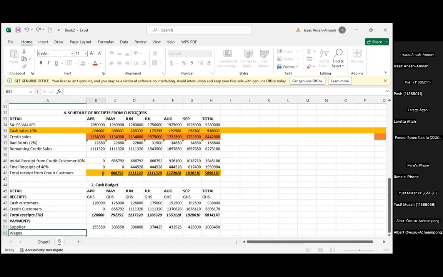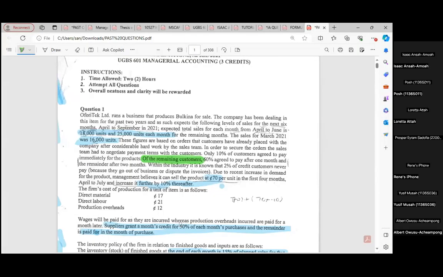There's a policy to pay wages. Who remembers the policy? It says that wages will be paid as they are incurred in production. Meanwhile, overhead is paid a month later. So we are not going to get back to this sheet again.